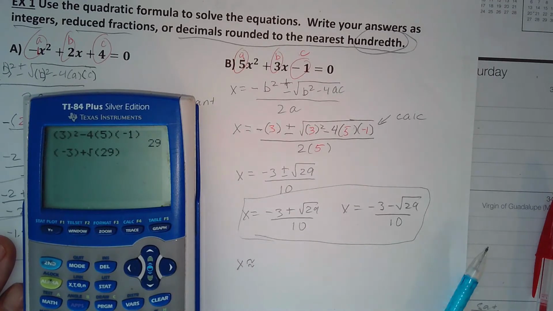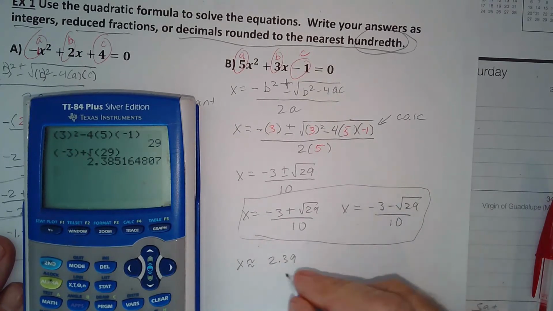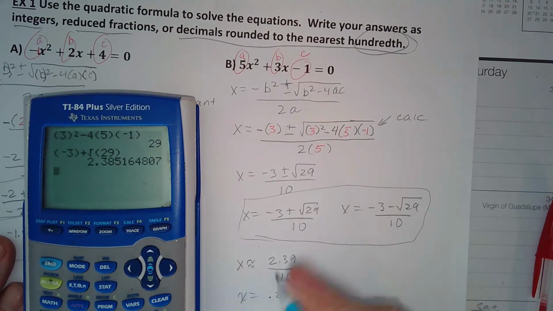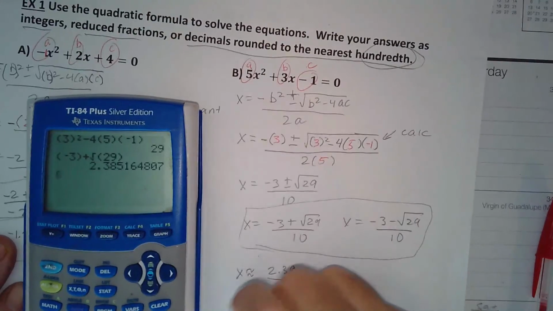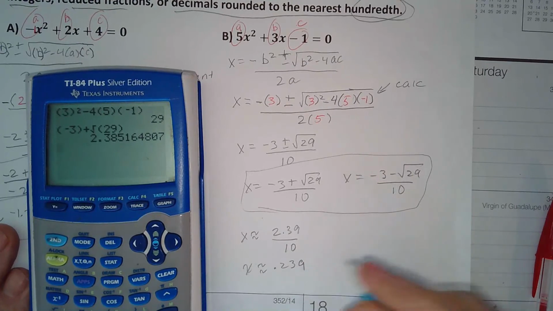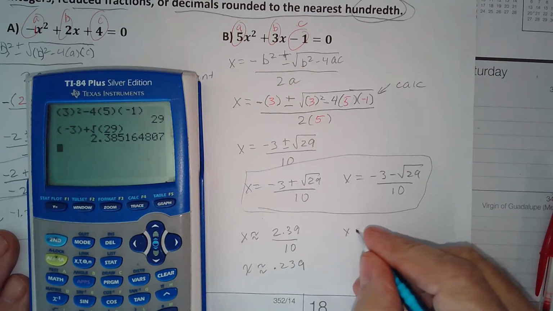Close that parentheses, and we get 2.39, okay, when we round it. And 2.39, if we divide it by 10, is just moving the decimal point over, 0.239. And that's approximate. So approximately 0.239.